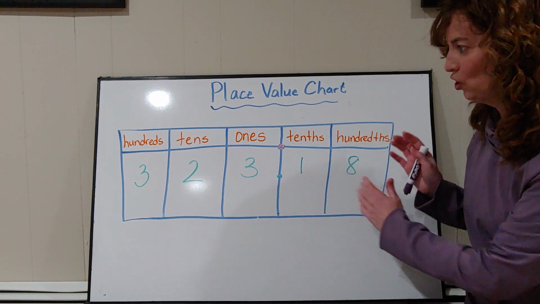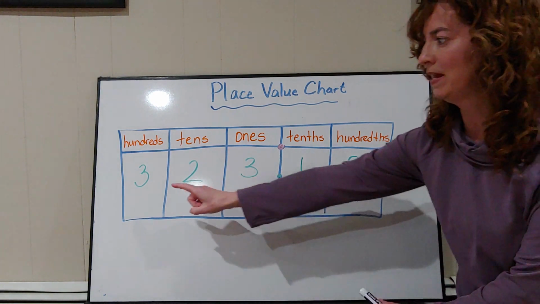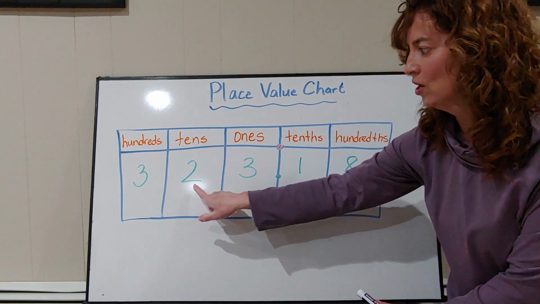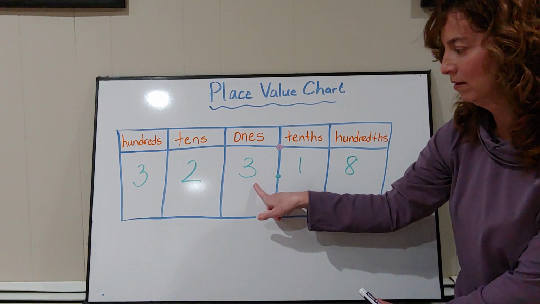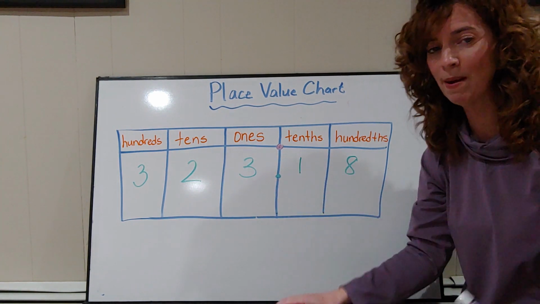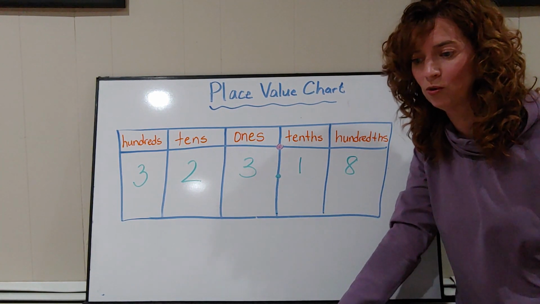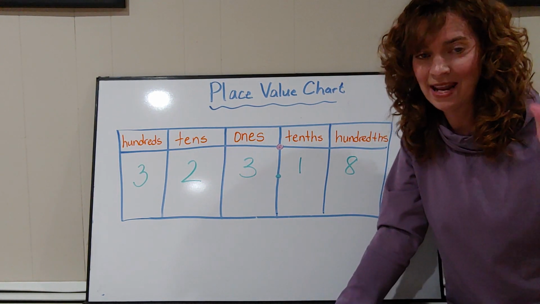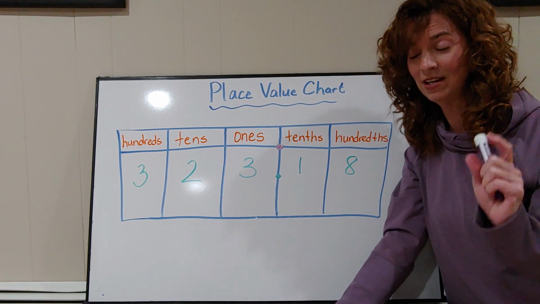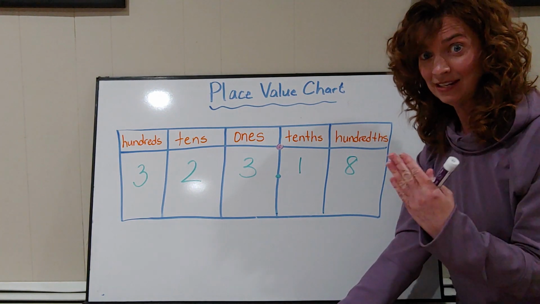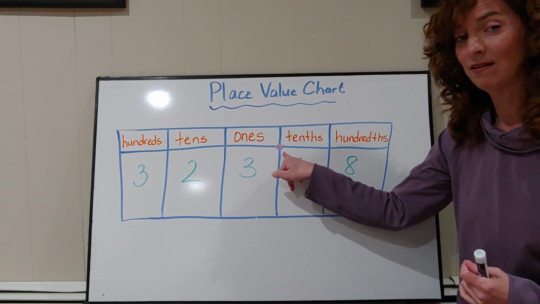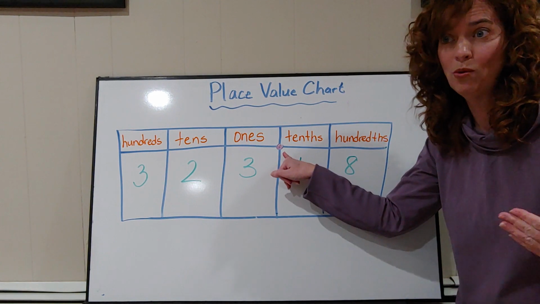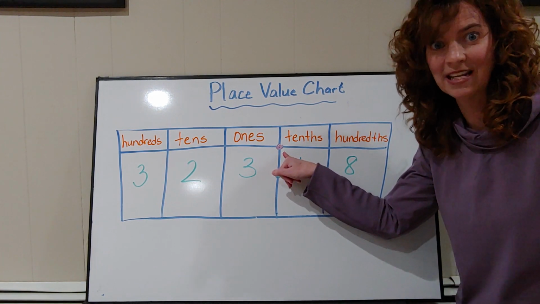So this is our chart, and how we would read this would be 323, and then we have our decimal point. Now remember, at the beginning of the year, I would always tell you whenever people would say 121, and I'd say that "and" is not correct. So here, "and" is actually going to be what we use to make it known that there's a decimal point.